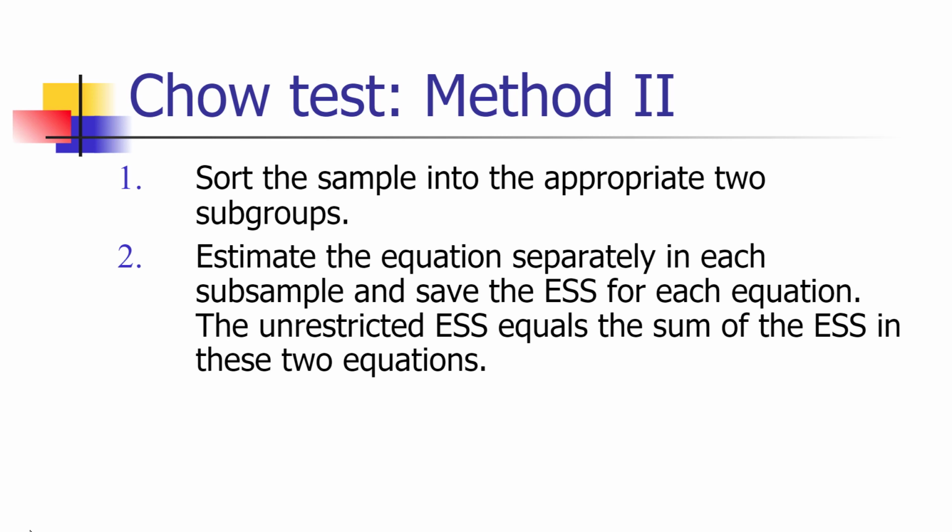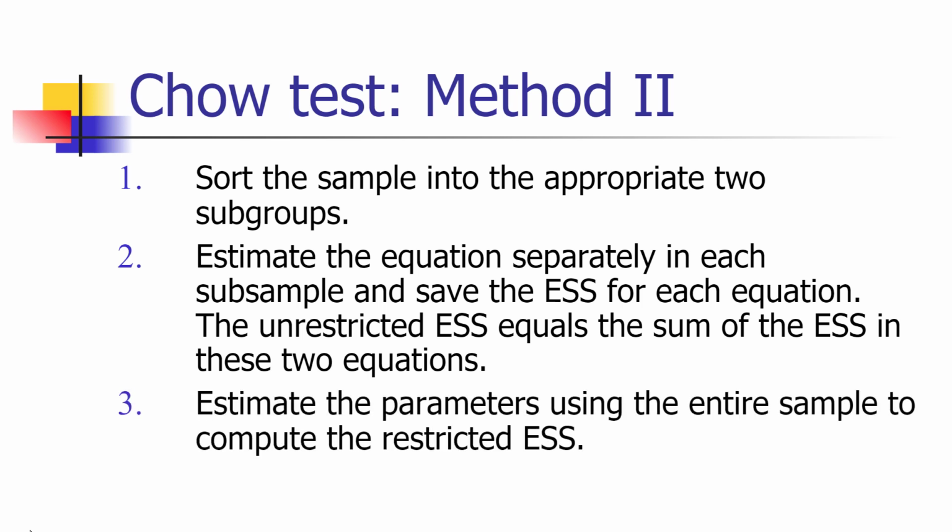You create a new unrestricted error sum of squares by simply adding the error sum of squares in these two equations. And essentially, this will be the same as the unrestricted error sum of squares in method 1, because you're allowing all the parameters to be different between the two subsamples, as in method 1, when you use the dummy variable and the interaction terms to allow for all those parameters to be different.